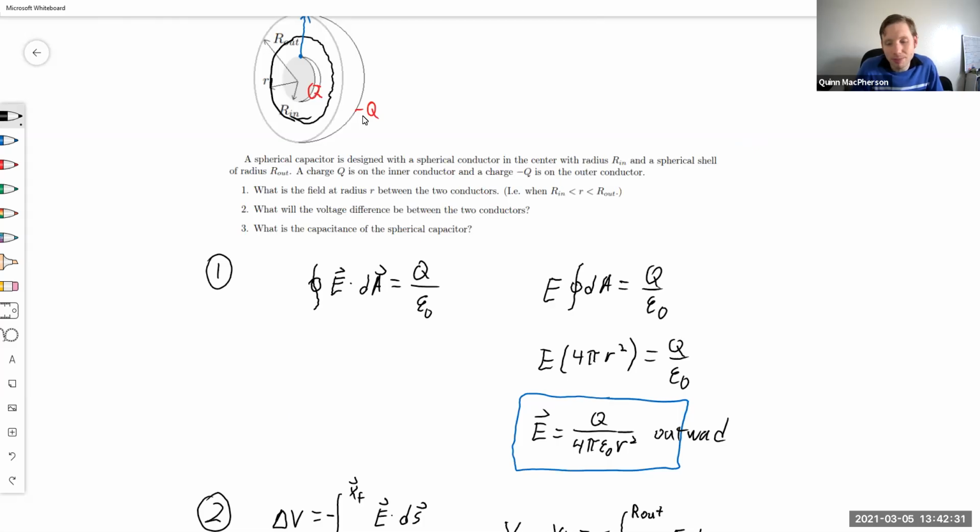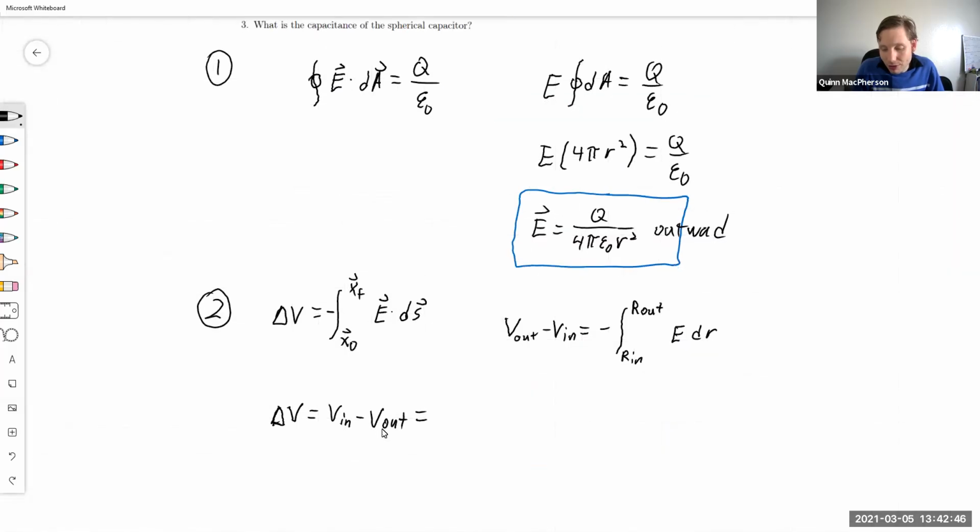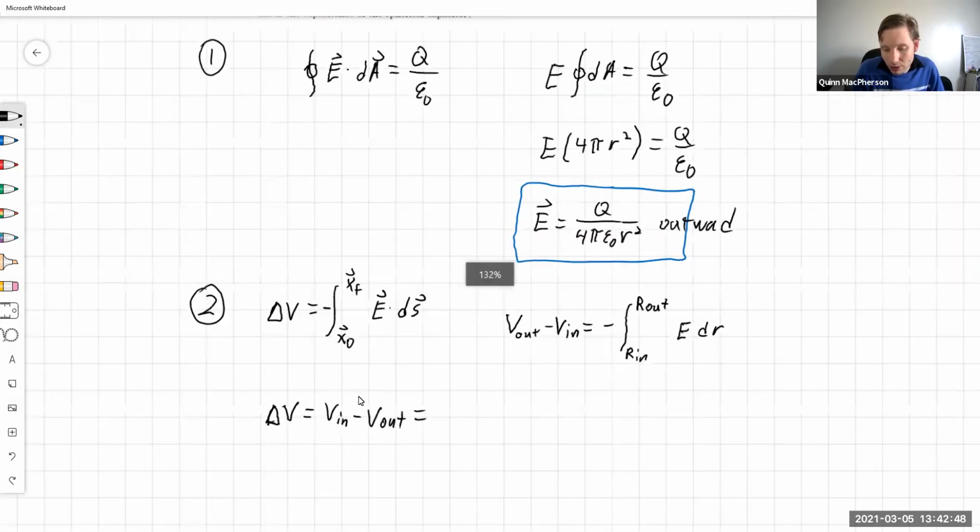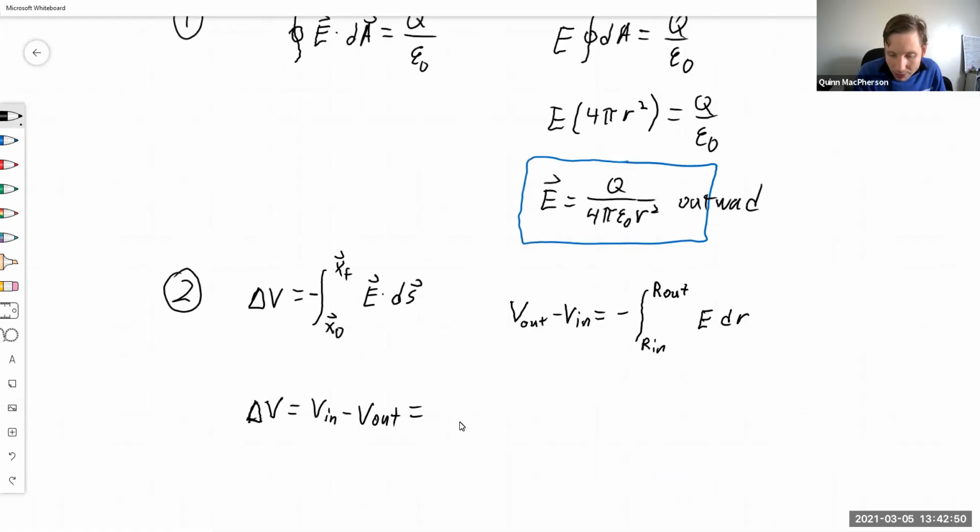I mean, this is just a sign convention. I'm picking the voltage difference. I'm going to assume the inside is going to be a positive voltage. The outside is going to be negative voltage because the outside has the negative charge. The inside has the positive charge. Okay. So I'm going to define my delta V as V in minus V out.